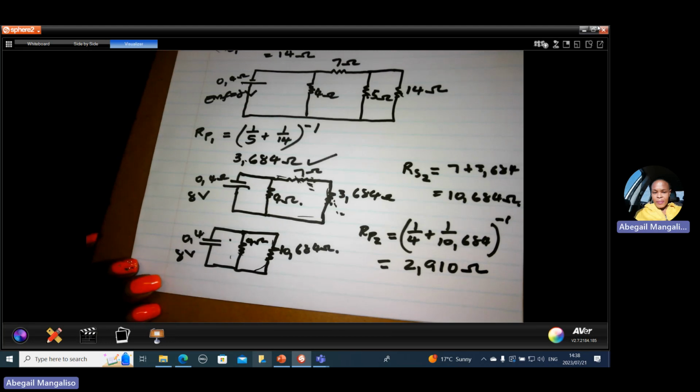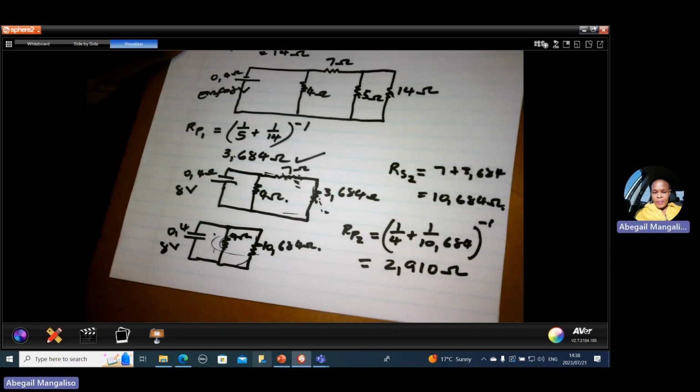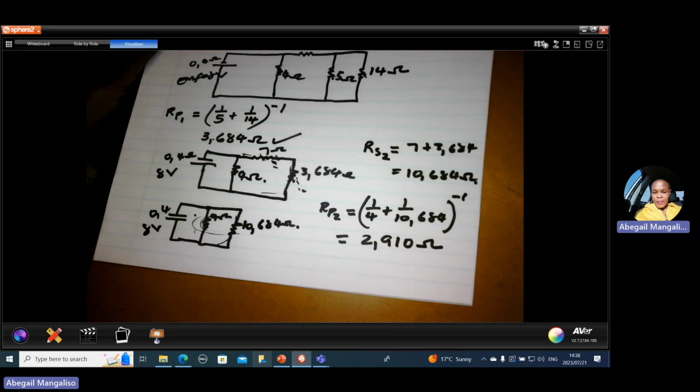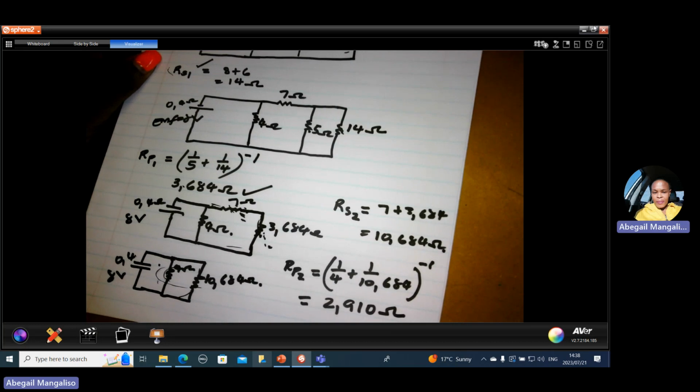Now the remaining circuit, after this has been collapsed, this is now one resistor. So when this is one resistance, the remaining circuit will be like this.